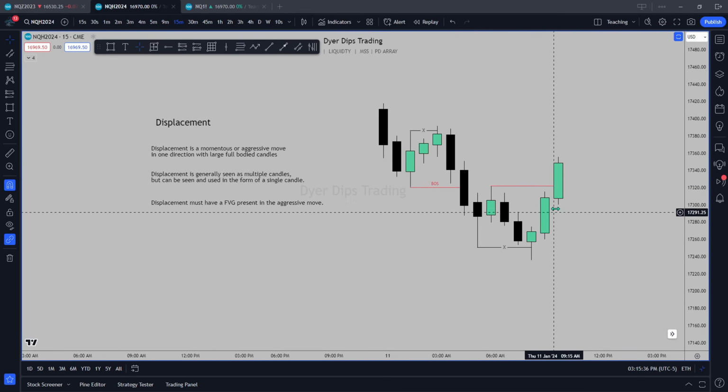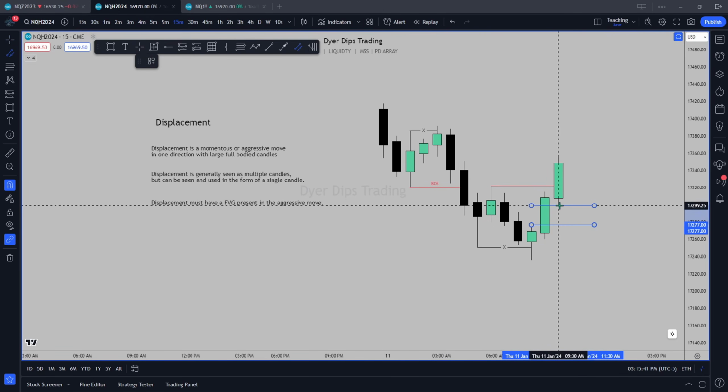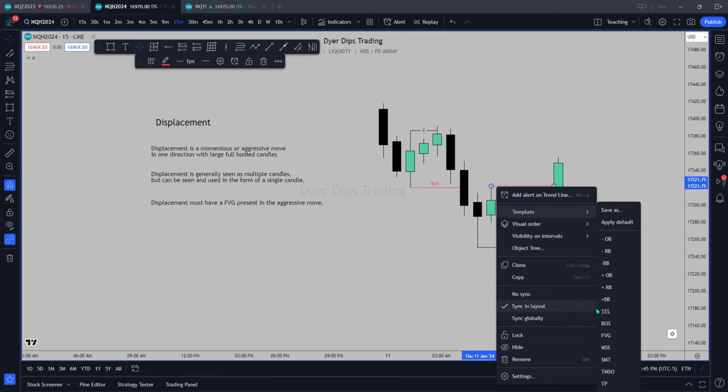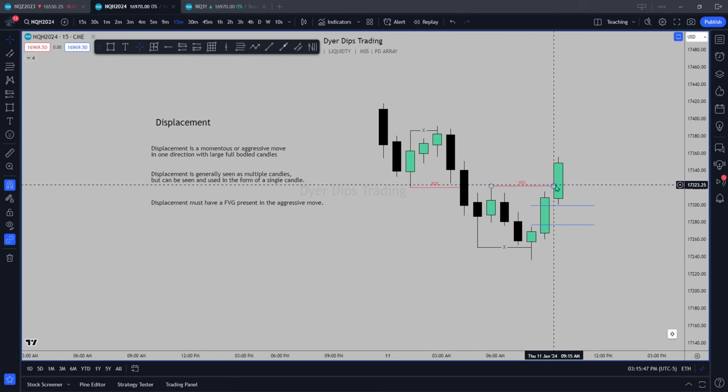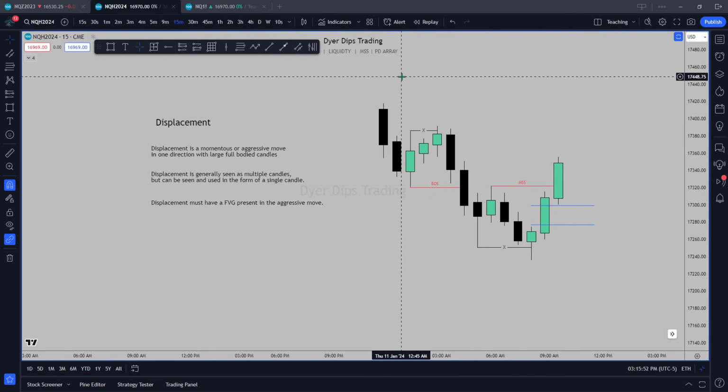As you can see, we end up pushing up higher with displacement, with fair value gaps, and ultimately with some aggression and momentum above this swing high, making this your market structure shift and allowing price to go higher, likely to reach for this swing point and at other swing points up above.